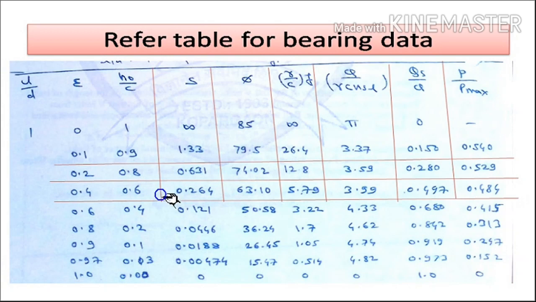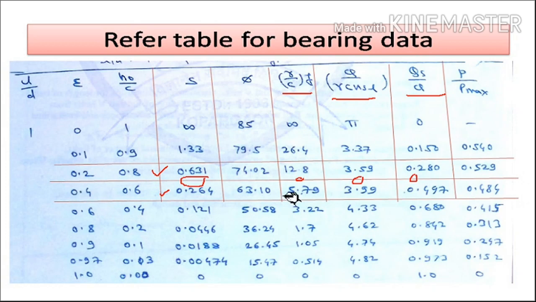In between these two there is the value of our Sommerfeld number, and we have to find out the different values of these parameters like R by C into F, Q by RC and SL, and QS by Q from this table. So corresponding to these you have to determine the mid values, or you can say interpolated values.